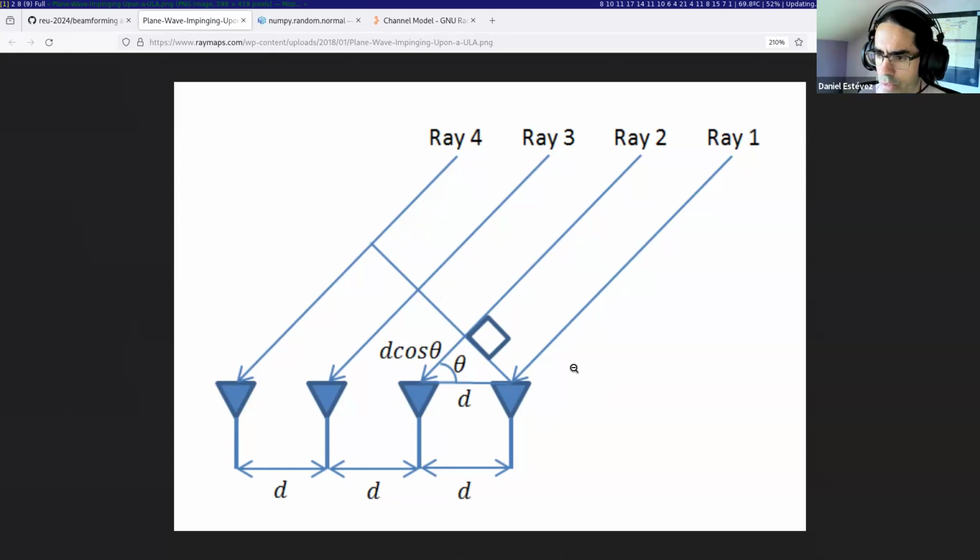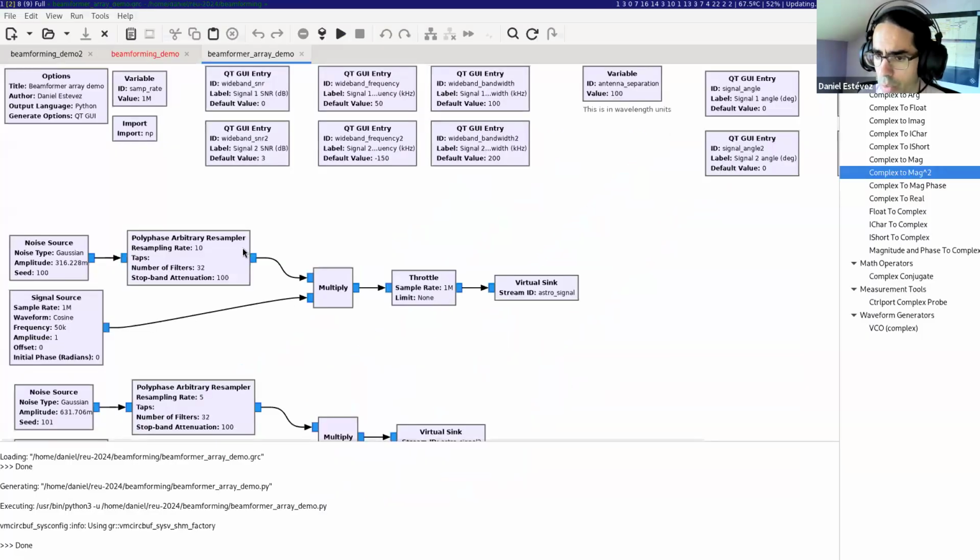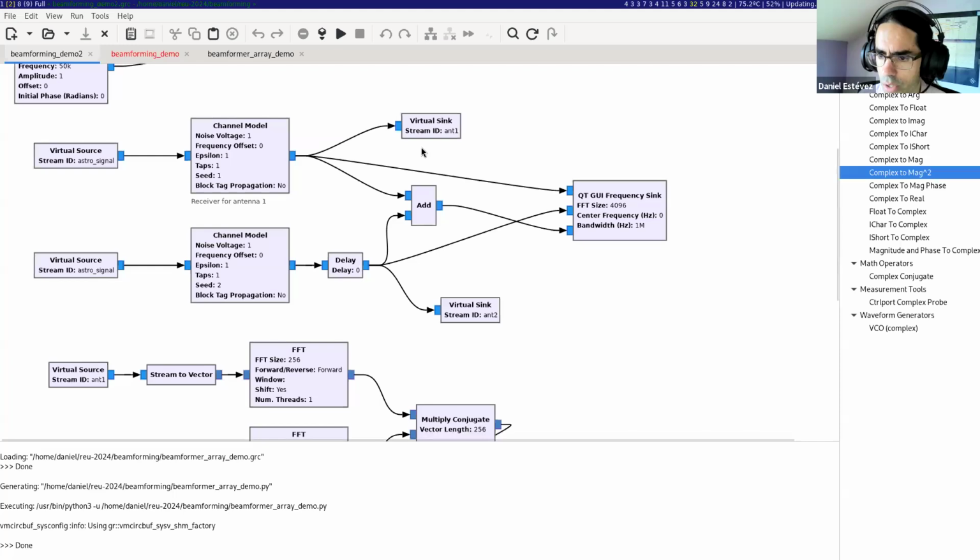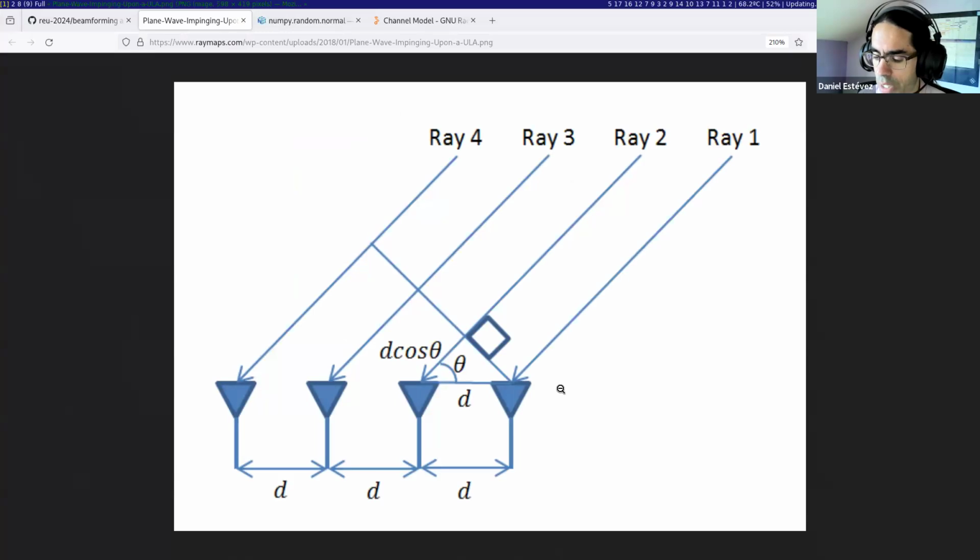And since all of this is digital, here we are using GNU Radio, for example, in this beamforming demo, that means we can have many copies of this beam steering algorithm. So anything which our dishes can receive, we might be able to point many synthetic beams to different points in the beam. To give a better example, for the ATA, the Allen Telescope Array, the dishes are 6 meters wide.